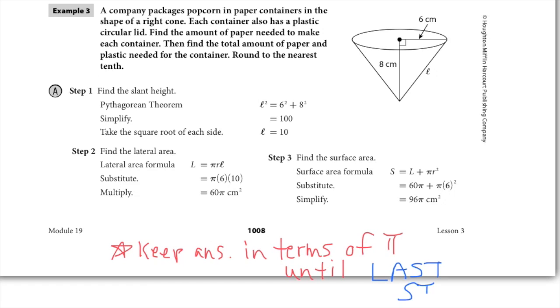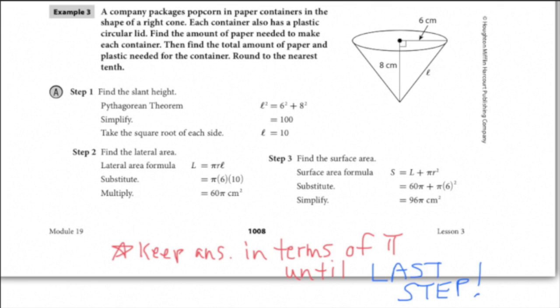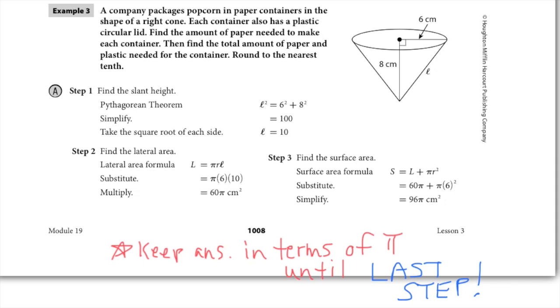And so the hint that I'll give you here: notice we've not had any decimals along the way at all. The easiest way to do all of these problems, especially when they involve pi like a cone will for you, is to make sure that you keep your answer in terms of pi for the entire steps of the work until the very last step.